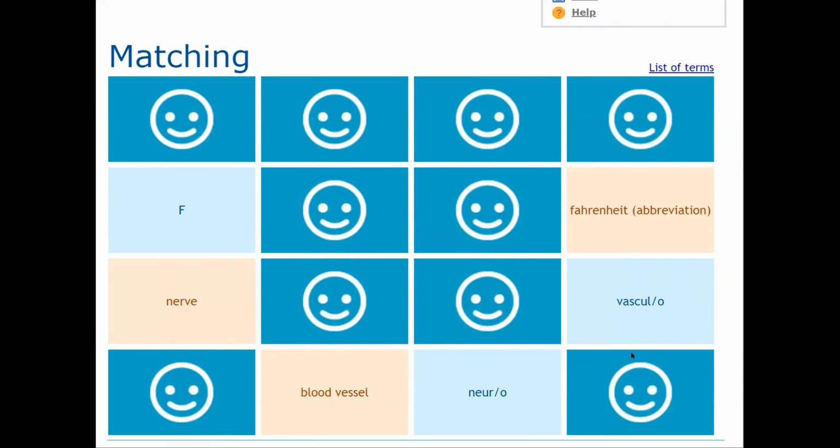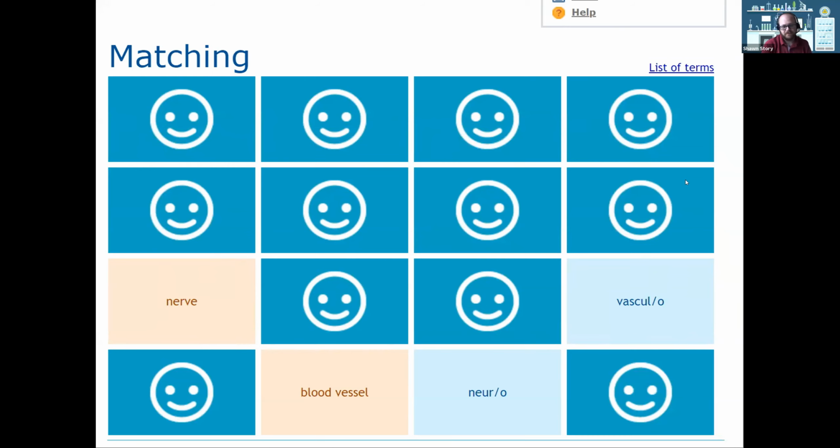Fahrenheit is for F. Talking about Fahrenheit, what is the temperature of the human body? What is the cutoff point for fever? 98.6. Yep, 98.6.